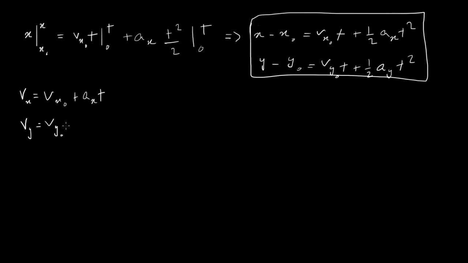Vy naught plus ay t, and for Vz again the same thing. So now this set of equations can be used to solve almost any motion with constant acceleration. Let's now solve some examples using this set of equations.